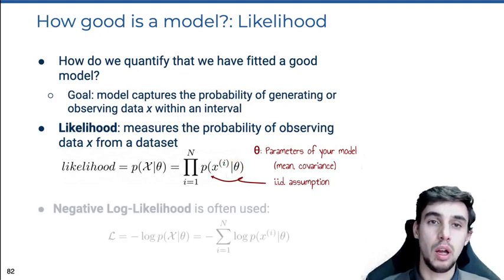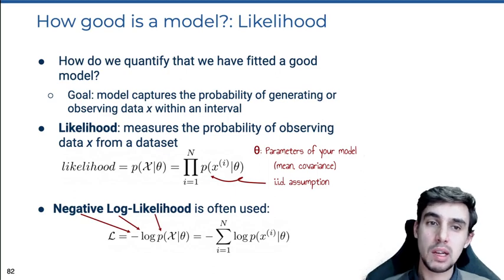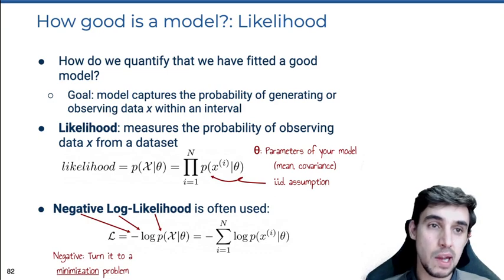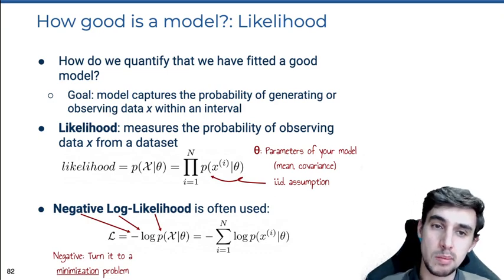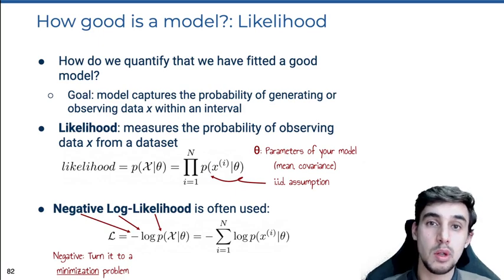But more likely, what we will actually compute is the negative log likelihood. The reason why we compute the negative log likelihood is because thanks to the negative term, we actually turn this maximization problem into a minimization problem, which then becomes very similar to minimizing the loss term, for instance, when we train a neural network.